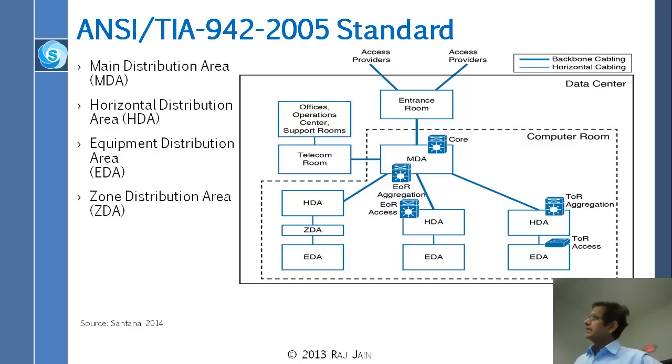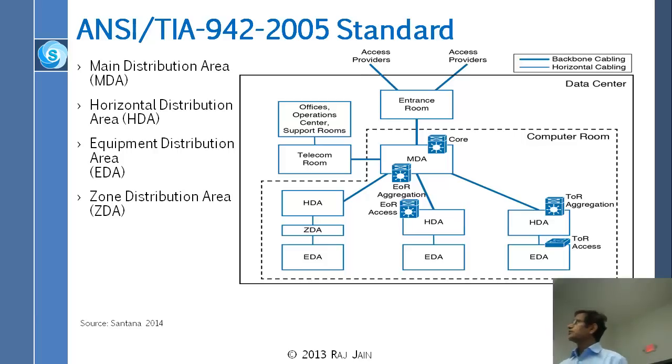Now there is the ZDA, the zone distribution area. Basically you divide an area into different zones, and whatever that zone means, there is a distribution area there for that. But we see two words here. One is TOR, and then one we see EOR, right here. Those I will explain in the next slide.